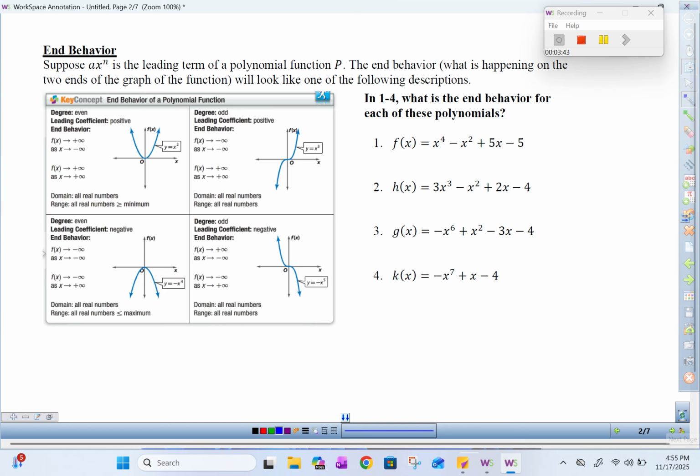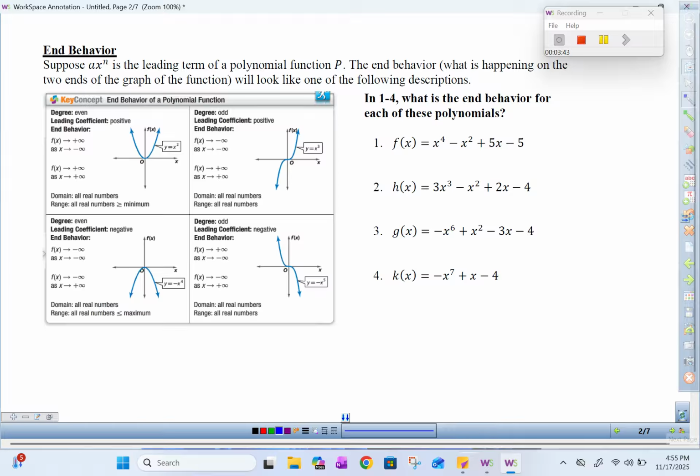Okay? The next thing we're going to do is focus on the leading coefficient of our leading term. So that can be grouped into a positive leading coefficient or a negative leading coefficient. And that tells us essentially how the graph ends, whether the graph ends up or whether it ends down, meaning it ends positive or ends negative.